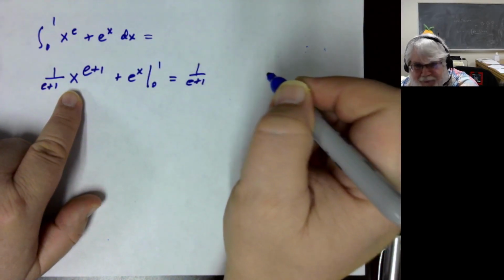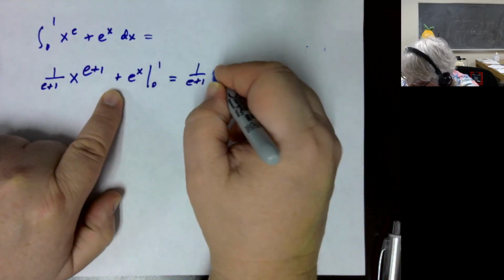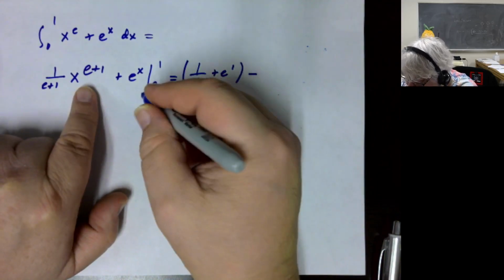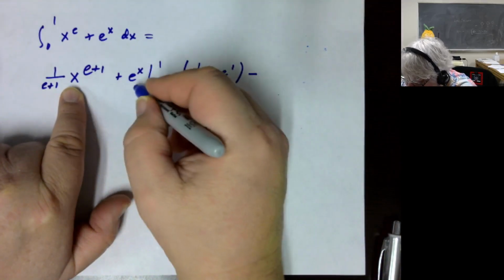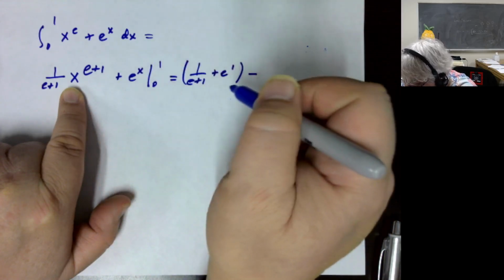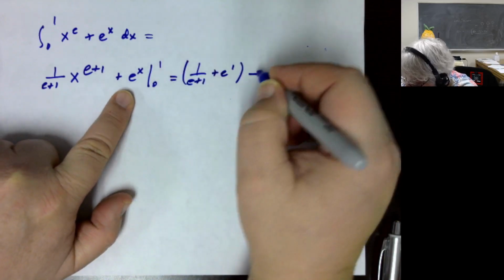What's 1 to the e plus 1? That's just 1. Okay, plus e to the 1, minus, now I'm putting in a 0 for x, and I'm going to have 0 plus e to the 0.